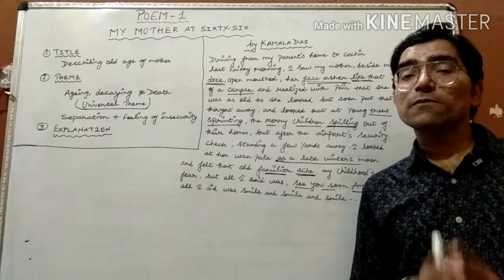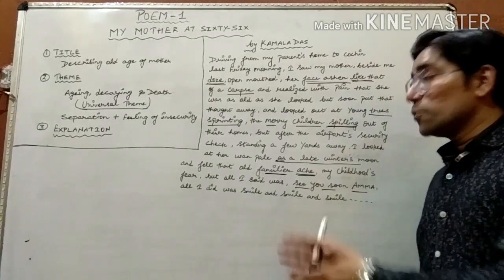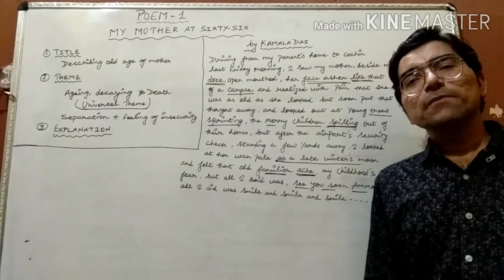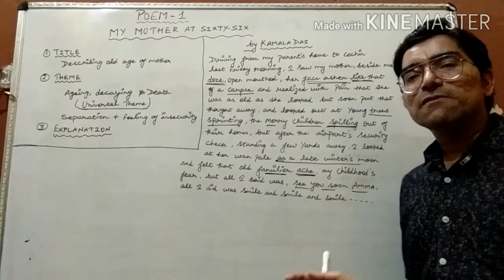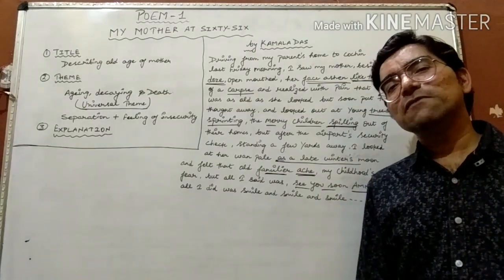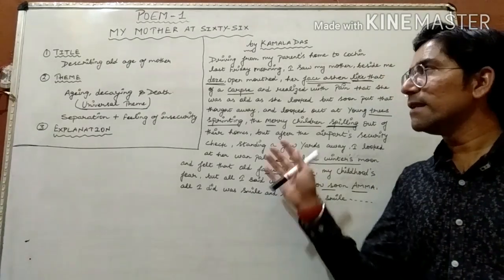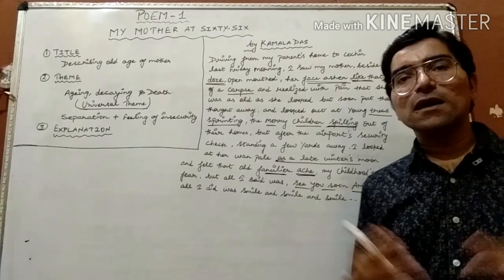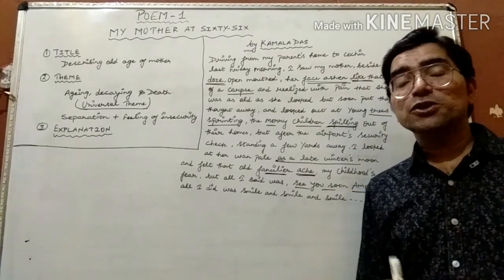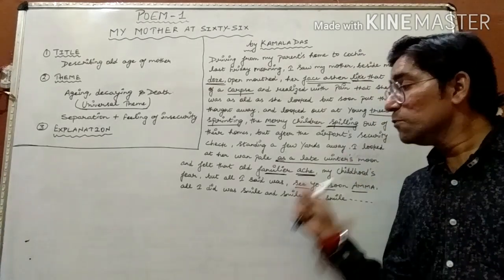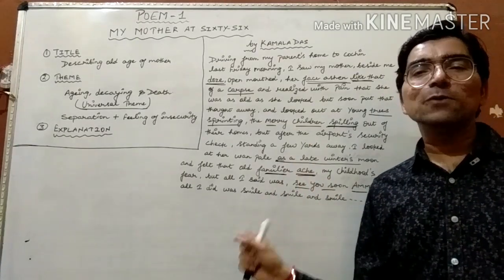Go through the poem from the book, go through the difficult words from the poem, try to memorize the poetic devices, try to figure out the poetic devices by yourself. If there is any query related to this topic, you can ask me afterwards. Make sure that you must solve the NCERT questions.